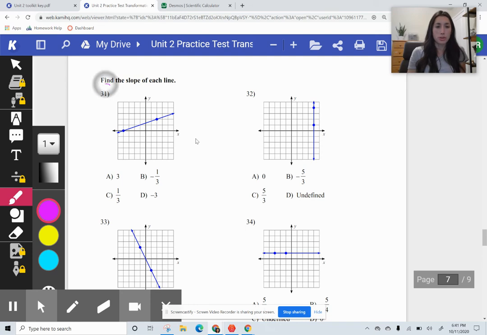Let's answer question 31. I'll create this for you, make it a little easier. Okay, let's answer question 32. What type of special slope is that?